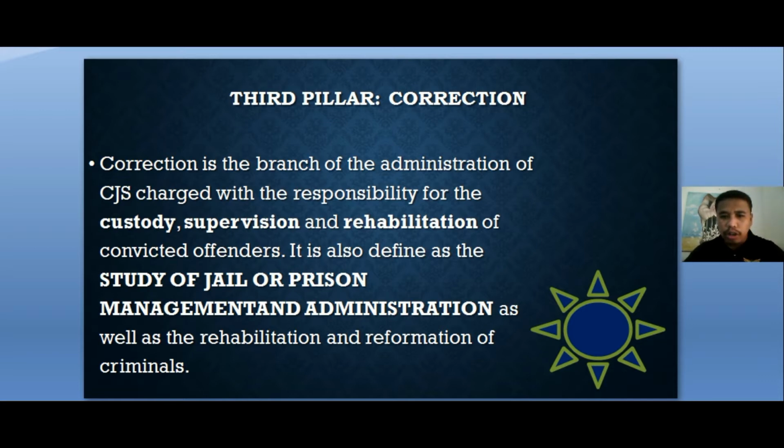So correction, its responsibility is on the rehabilitation of offenders. So when we say rehabilitation of offenders, this mainly means changing the behavior of a person from being a law violator into a law-abiding citizen of the community.